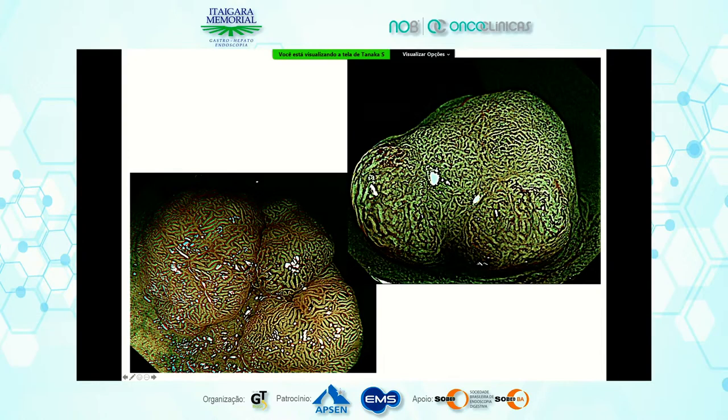The pit-like structure margin is very smooth. On the other hand, this region is very irregular. Understanding this difference is very, very important in daily clinical practice. Please take care.